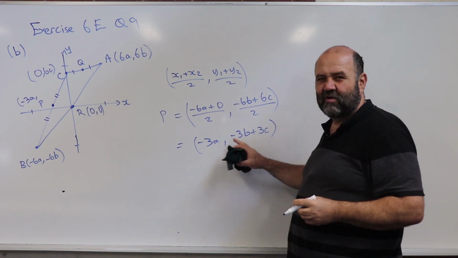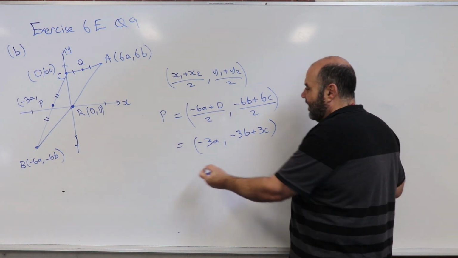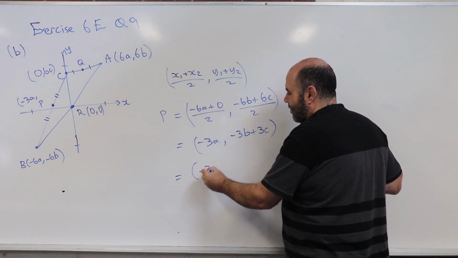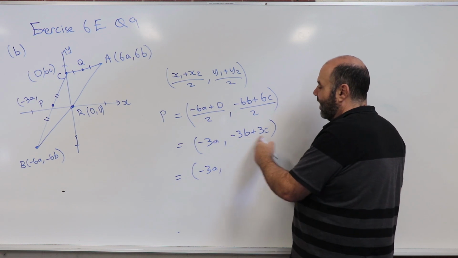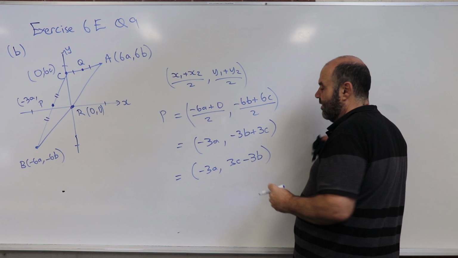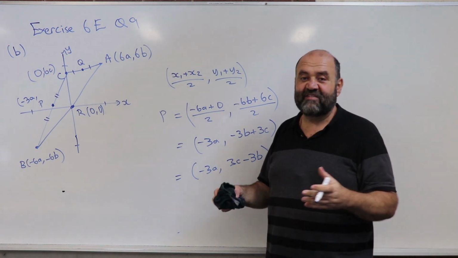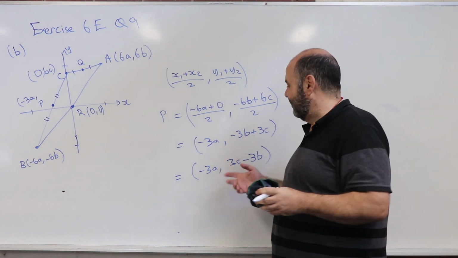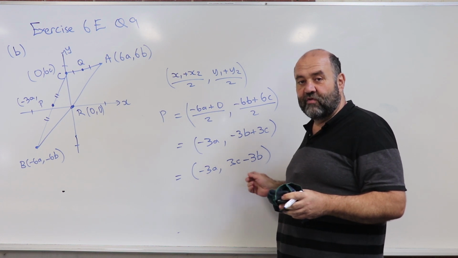That's a bit of a nasty way to write it. I don't like that negative sign out the front, so I'm just going to change the way this is written to 3C minus 3B. Okay, negative 3B plus 3C is exactly the same as 3C take away 3B.